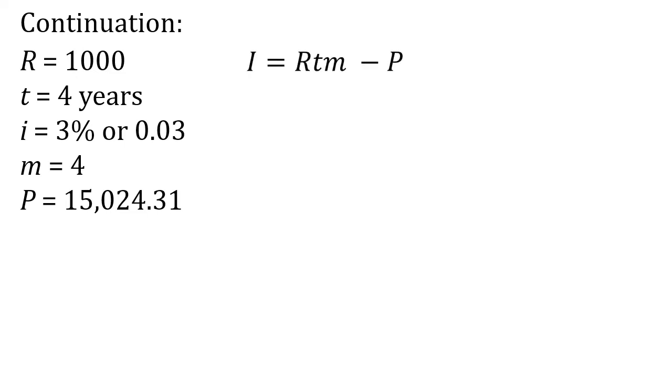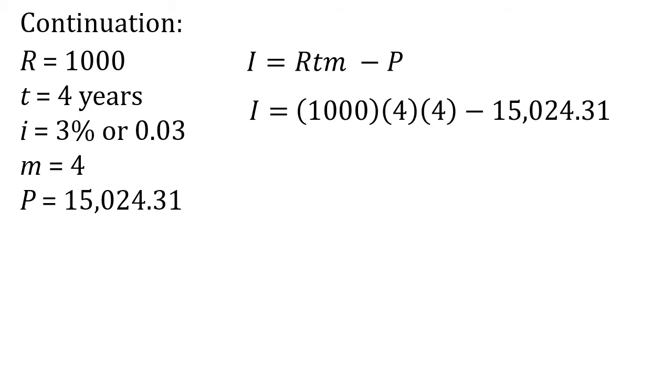Now, since the problem is also asking for the interest, we will use this formula to solve for interest: I equals RTM minus P. Take note that it is different from the formula to solve for the interest when we are talking about the future value. Since here present value is involved, the formula is different. Just substitute the values of RTM as well as the obtained P. Now we have I equals 1,000 times 4 minus 15,024.31.